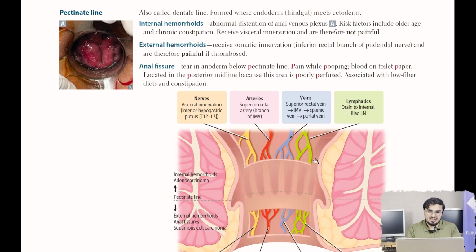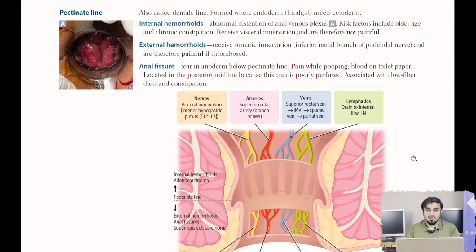The area above the pectinate line, embryologically, is formed by the endoderm, and the area below pectinate line is formed by the ectoderm. We clearly know that endoderm receives visceral supply, and with visceral supply, I mean that if a patient gets internal hemorrhoids or hemorrhoids that involve the portion above the pectinate line, then that pathology will not result in any pain.